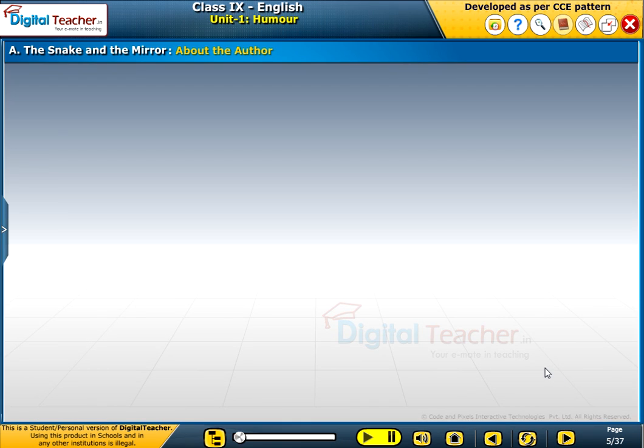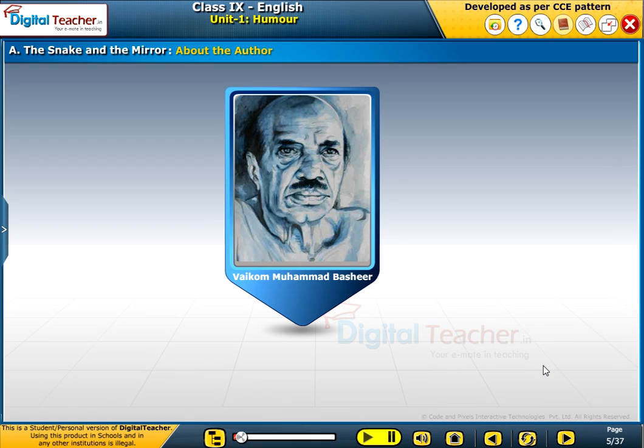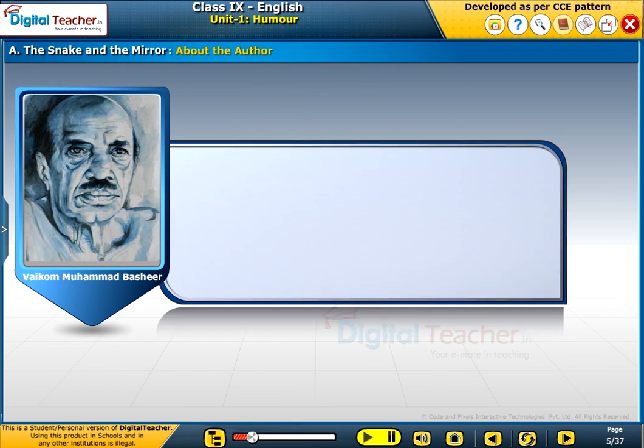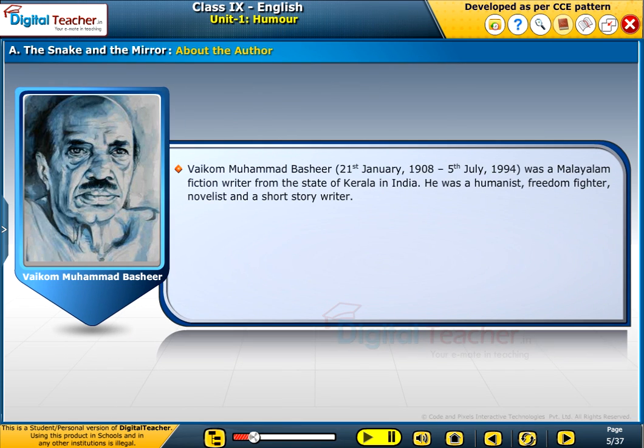About the author. The present story, The Snake and the Mirror, is written by Mr. Vaikom Muhammad Bashir. Let us know more about him. Vaikom Muhammad Bashir, 21st January 1908 to 5th July 1994, was a Malayalam fiction writer from the state of Kerala in India. He was a humanist, freedom fighter, novelist, and a short story writer.